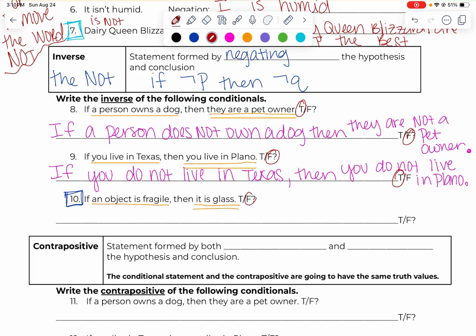You should have said this statement is false. Now we're going to add the word not. If an object is not fragile, then it is not glass. All right, did you conclude this statement was true or false? This statement is true. If you have any questions about inverse, go ahead and write them down.